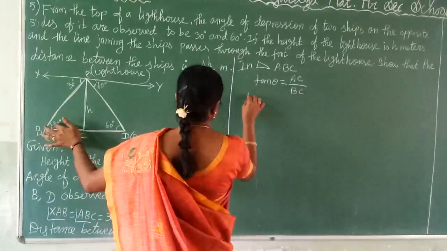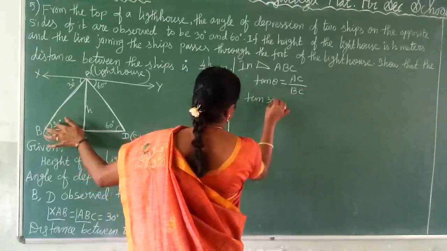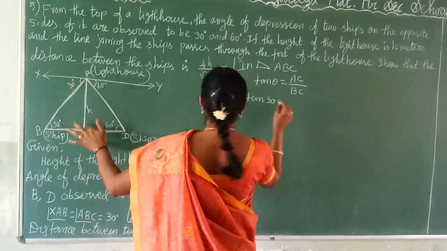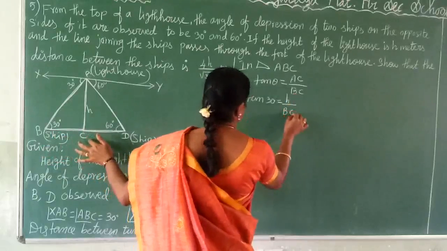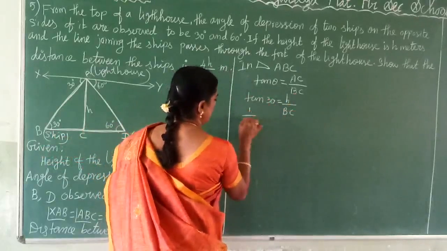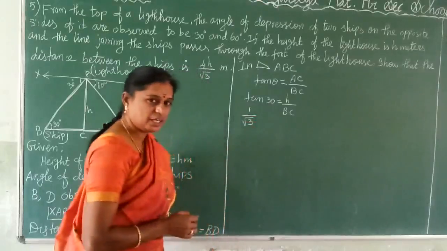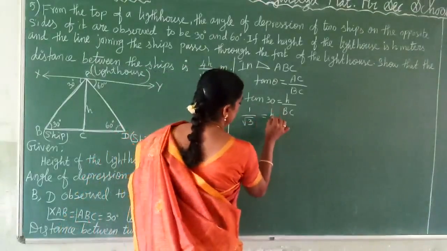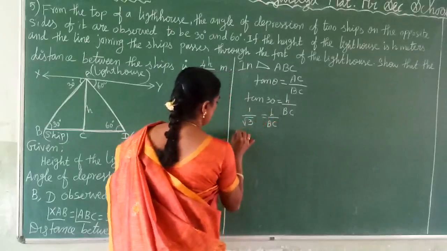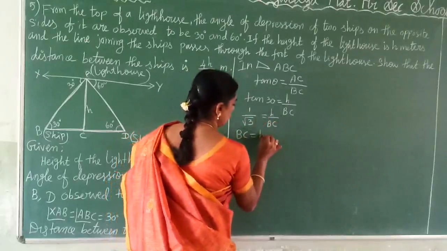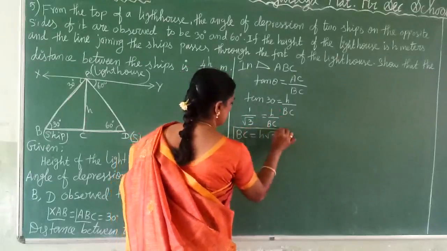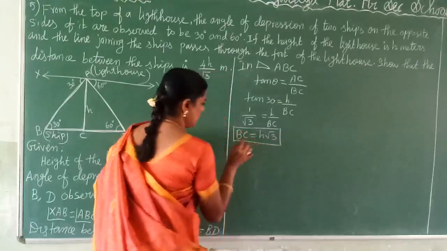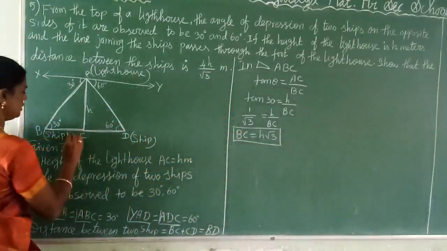Theta is 30 degrees. Tan 30 degrees equals AC, that is h, by BC, which we want to find. The table value of tan 30 degrees is 1 by root 3, so 1 by root 3 equals h by BC. Cross multiply: BC equals h root 3. So BC is h root 3.